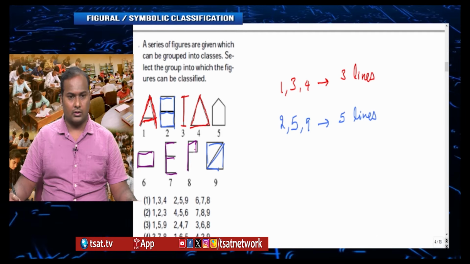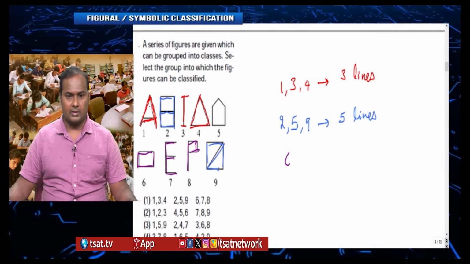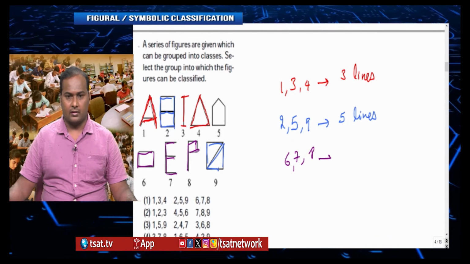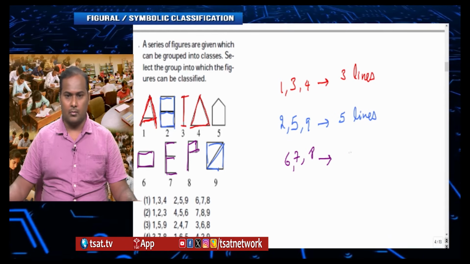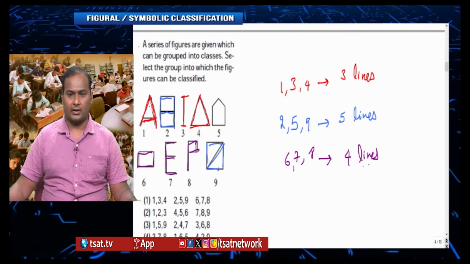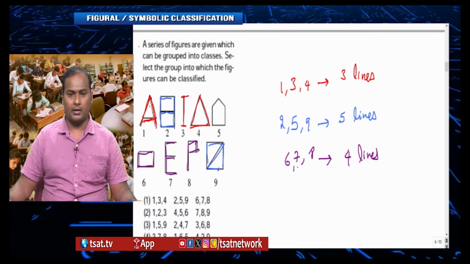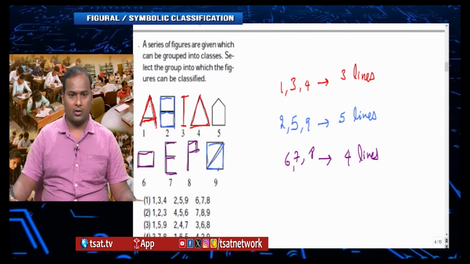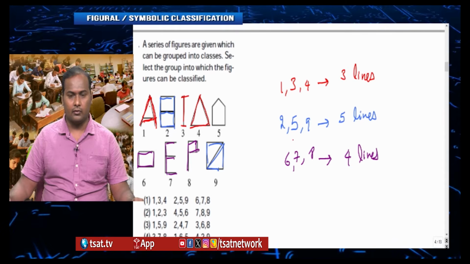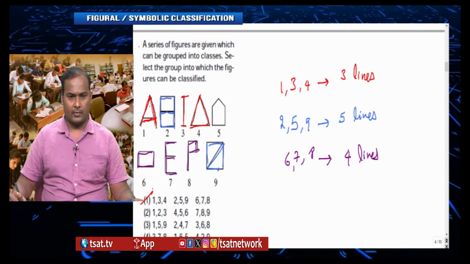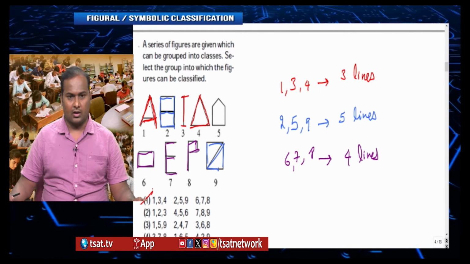So obviously 6, 7 and 8, all these 3 will form a group based on 4 lines. Now check the options: 1, 3, 4; 2, 5, 9; and 6, 7, 8. So option 1 is the answer.